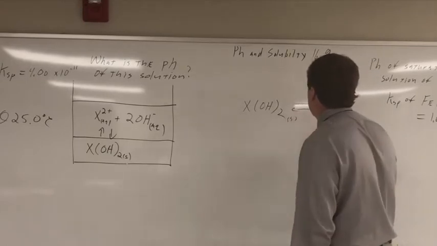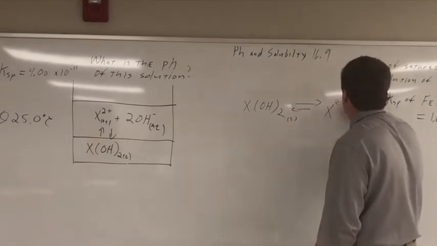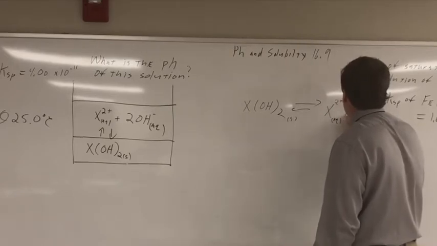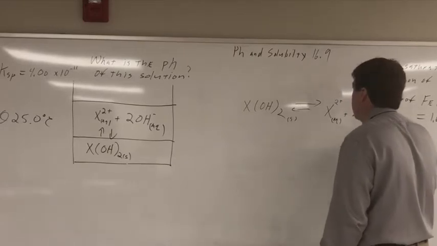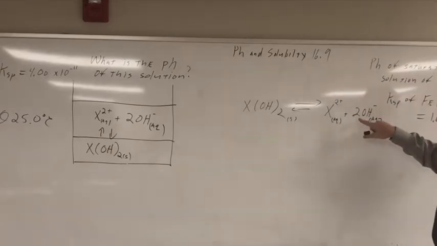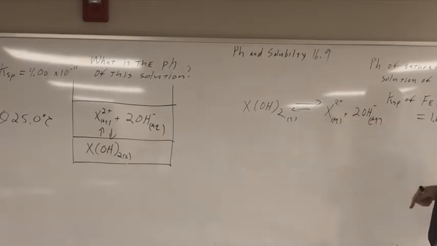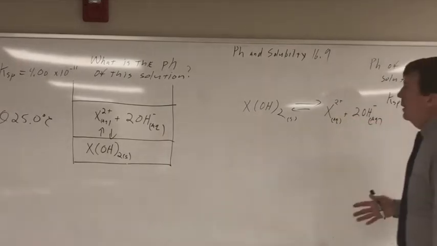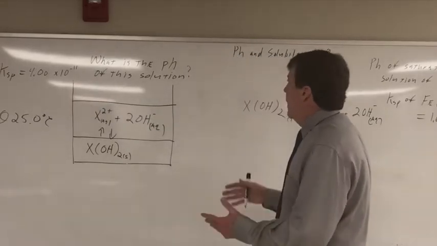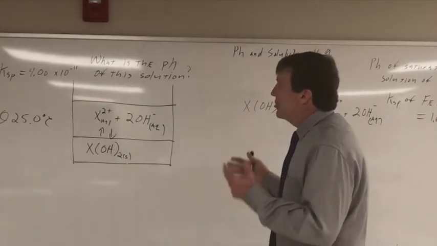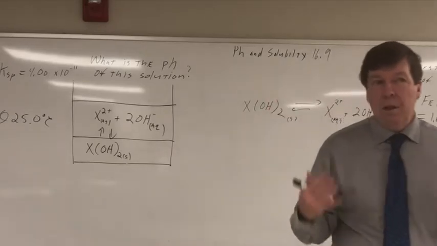And we're in an equilibrium situation with X2+ aqueous plus 2 hydroxide. Remember the stoichiometry here, so this is 2 hydroxide. All right, you're given the Ksp. Go ahead and get started. See what you can do here.